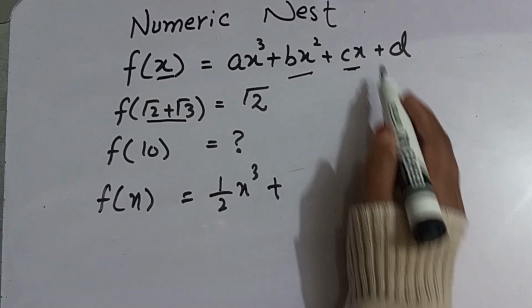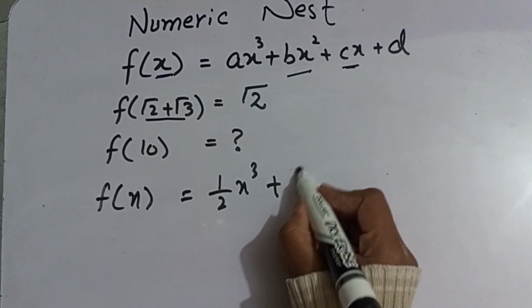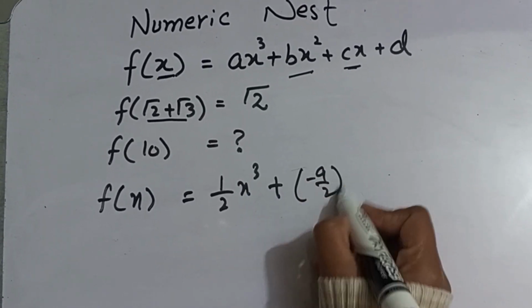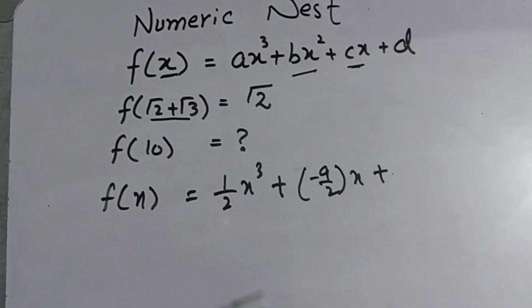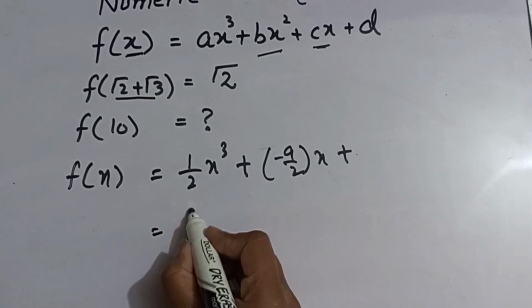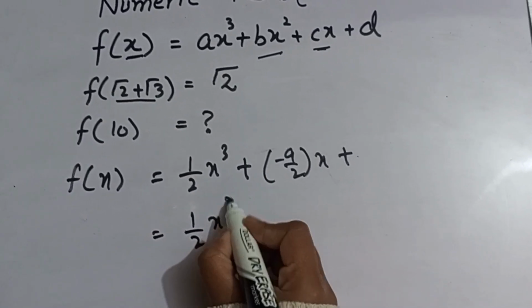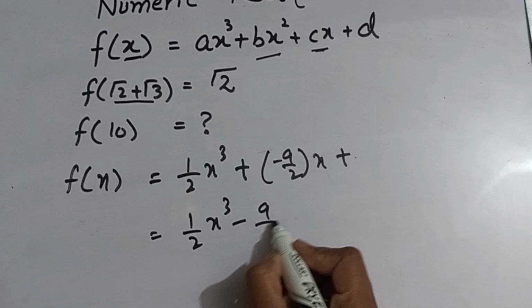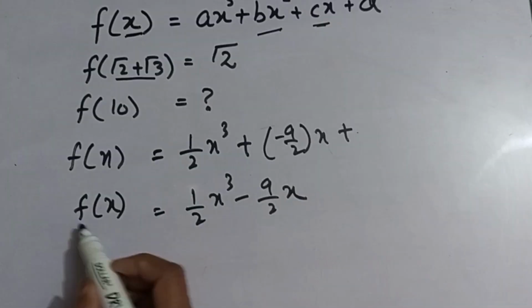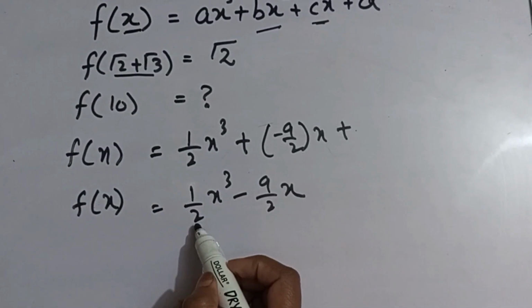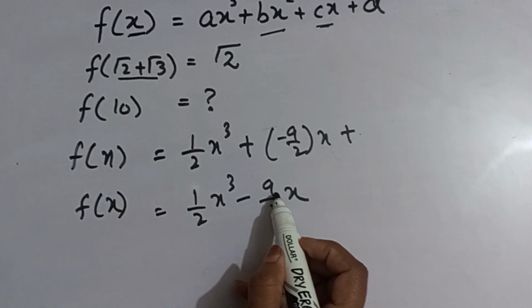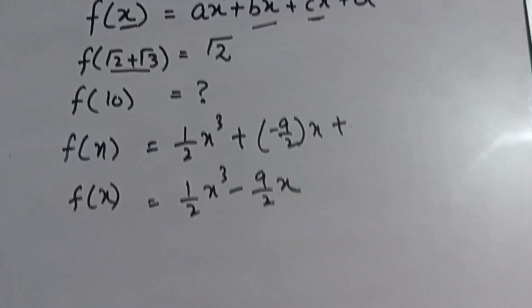Now look at c, which is minus 9 over 2, times x plus d, which is also 0. So f of x is equal to 1 over 2 x cube minus 9 over 2 x.